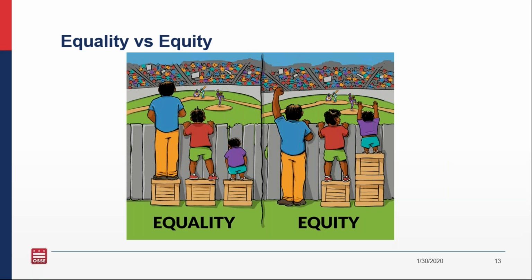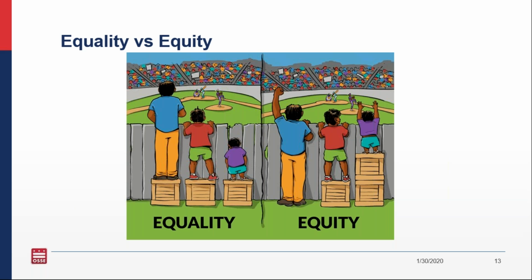Honestly, this is one of my favorite images to use when discussing accommodations. It's a great way to explain the use of accommodations and accessibility features. On the left side, we have 3 individuals trying to watch a baseball game.